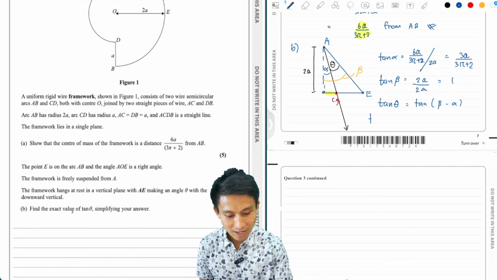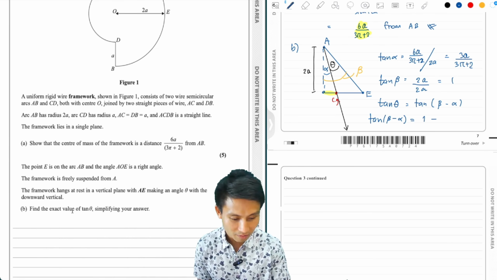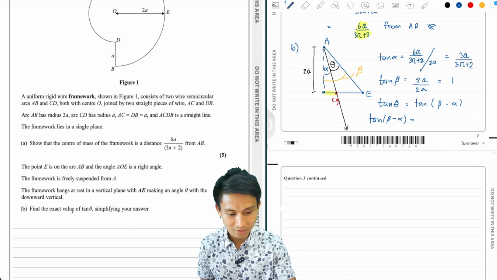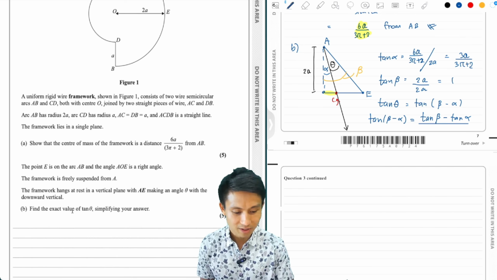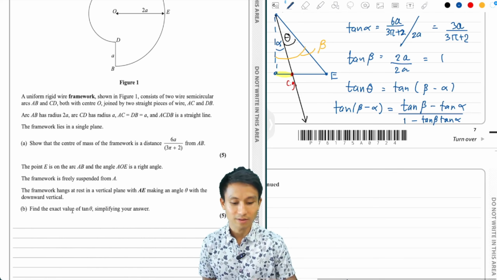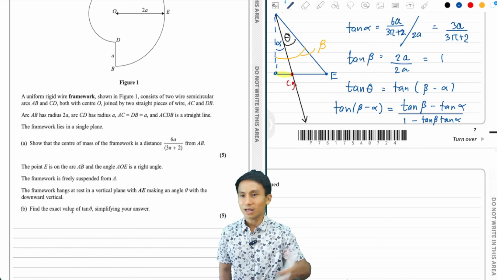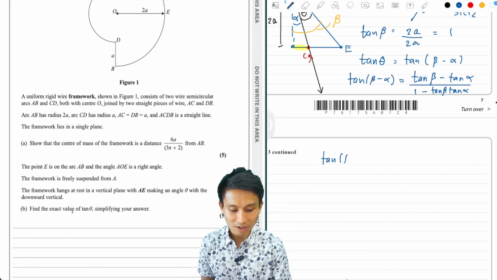So we know that tan A minus B, in this case beta minus alpha, is going to be, it's tan beta minus tan alpha, if you look at the formula sheet. I just happen to remember. All over 1 plus tan beta tan alpha. And if you plug everything in there and simplify, you're going to get there, right?